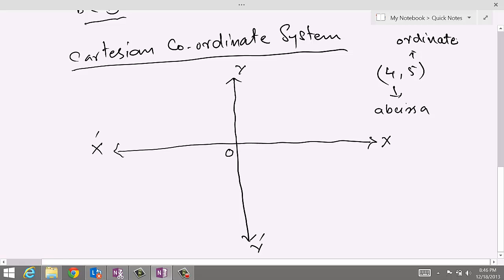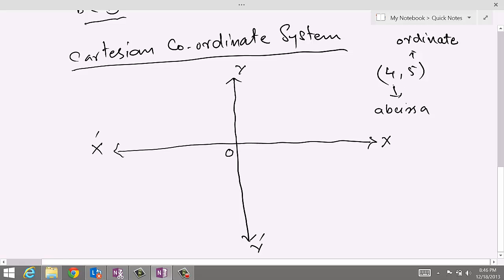Abscissa can only go left or right depending upon its sign. If abscissa is positive, we always start from origin and move 4 steps toward right. If it was negative, then we will move 4 steps toward left.